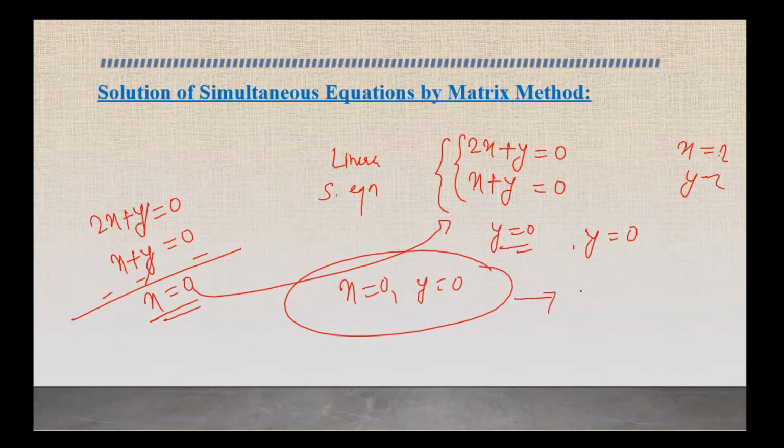This type of solution is also called the trivial solution. Trivial solution means the problem has only the 0 solution, and if the problem has a solution other than 0, then it is called a non-trivial solution. This is the method we already discussed in school algebra, how to evaluate this type of equation.